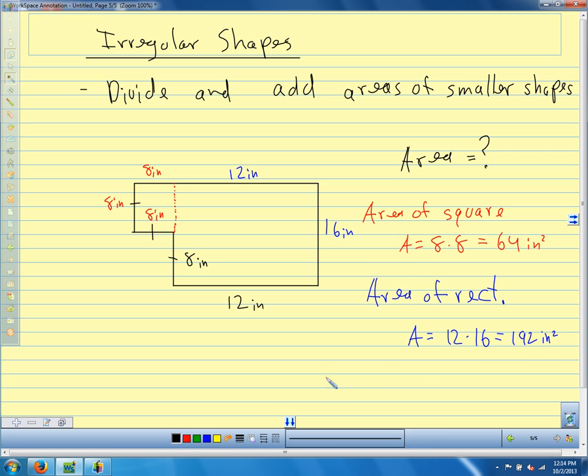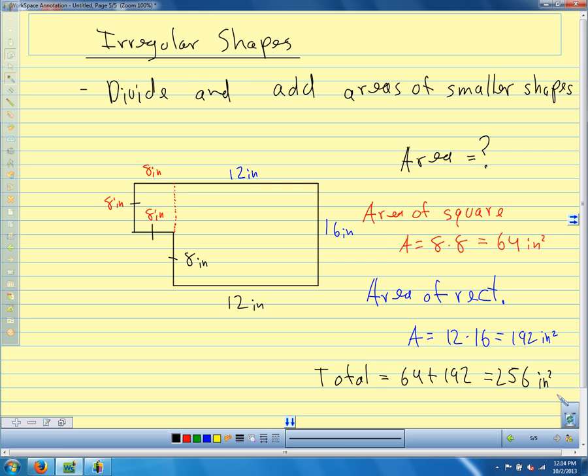So the total is 256, very nice, inches squared. So we just divide it up, figure out the parts that we need, and add up our small areas.